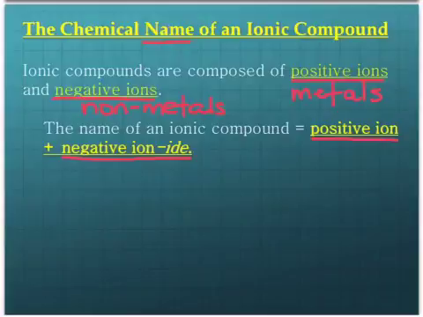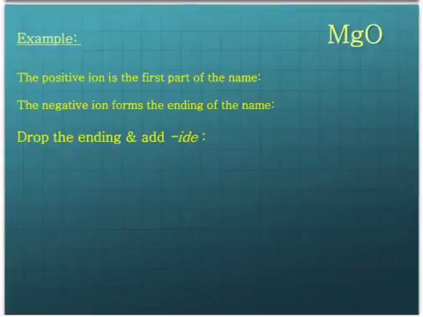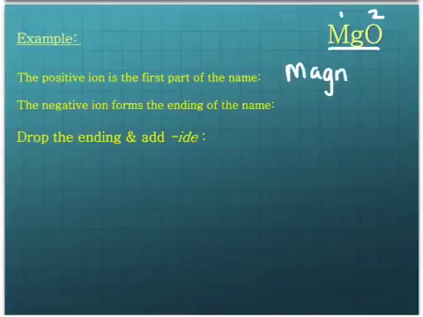Let's look at a few examples. Here's our first example, MgO. If we look at MgO, we see that there are two capitals, each the beginning of a new atom on the periodic table. The rules say that we name the positive ion first. Looking at your periodic table, yes, you should have a periodic table out for this lesson, you can see that our first atom is magnesium.